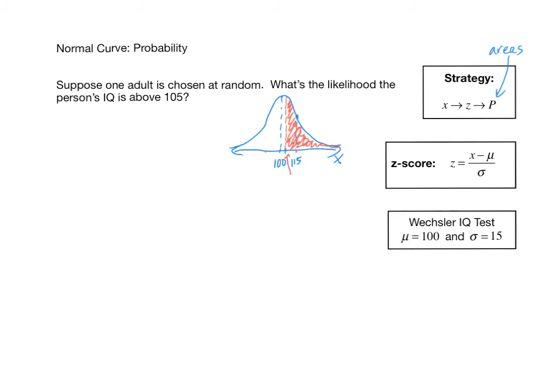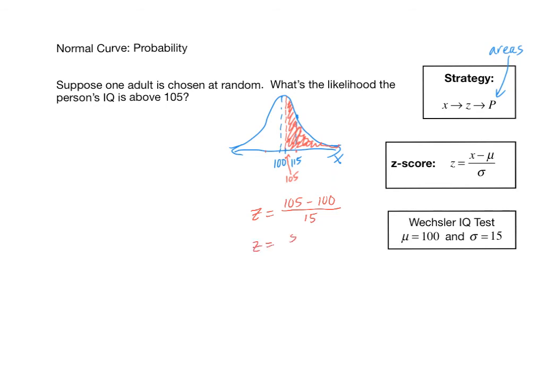Let's first convert our raw score to a z-score. Again, this raw score right here was 105. To get the corresponding z-score, you may recall this formula from the first unit, that z is the difference between the raw data value and the population mean divided by the standard deviation. So z equals our raw data value, 105, minus the population mean, 100, all divided by the population standard deviation, which is 15.